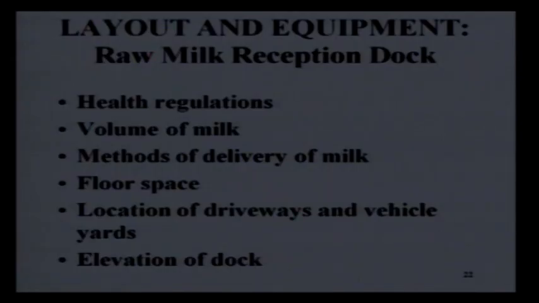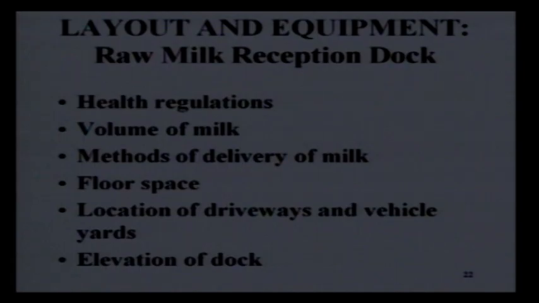The health regulations are becoming very important. So how do they lay out? They prescribe how the good layout and equipment arrangement should be made for getting the GMP certification. So that is the GHP certification. So that is important.